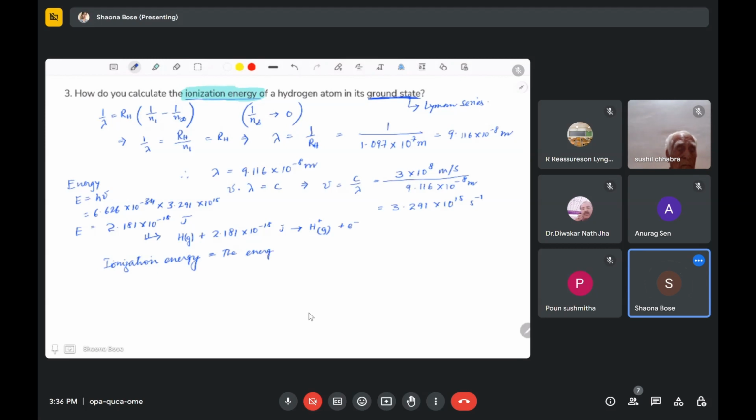This is the energy required to remove 1 mole of electrons from 1 mole of hydrogen atoms in the gaseous state.